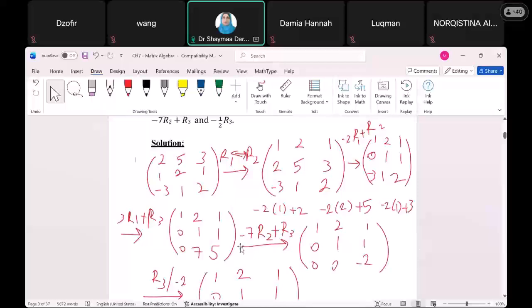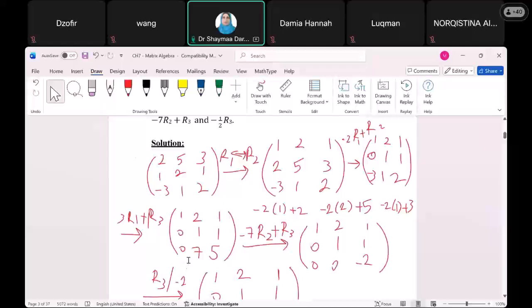The operations that we did: we can change between two rows as we did the first time. You can multiply any row by a scalar. R1 multiplied by minus 2, R2 multiplied by minus 7. We multiply R1 by 3 again. We divided R3 by minus 2, or multiplied by 1 over minus 2. You can multiply by any non-zero scalar.